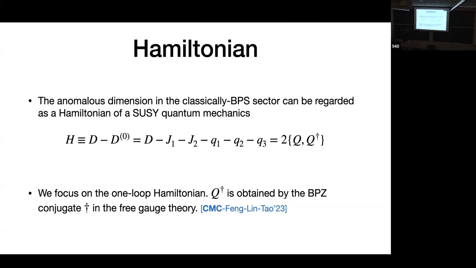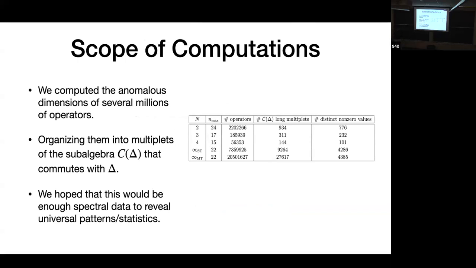At one loop order, we can take the dagger in the free gauge theory, and that gives us the one loop Hamiltonian. The problem is very simple to define, but to really diagonalize the one loop Hamiltonian is hard.